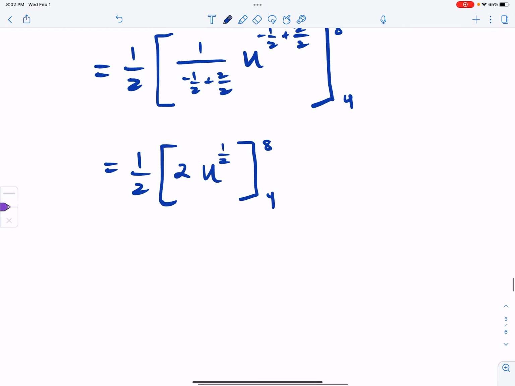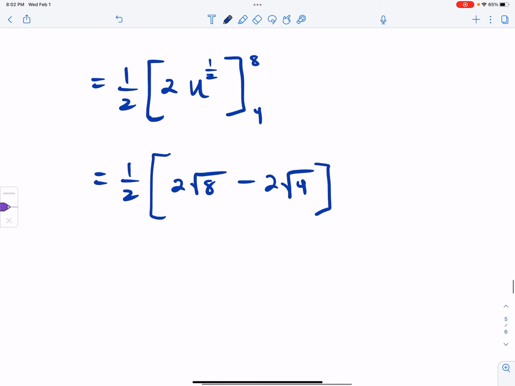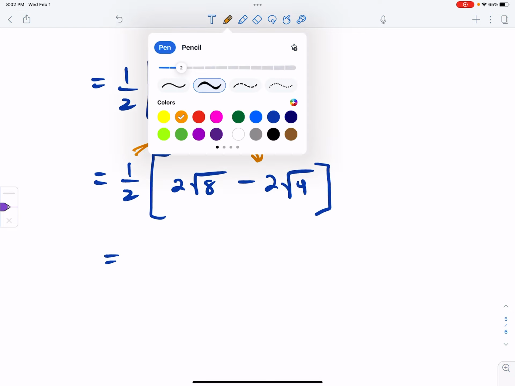Now we can apply the fundamental theorem of calculus. So 1/2 is going to hang out. That'll be 2 times 8 to the 1/2, or the square root of 8, minus 2 times the square root of 4, right? F of b minus f of a. Notice that if we distribute the 1/2 back in, the 2's will cancel.